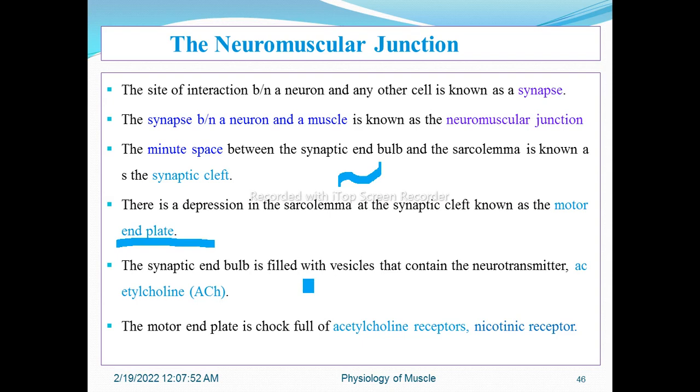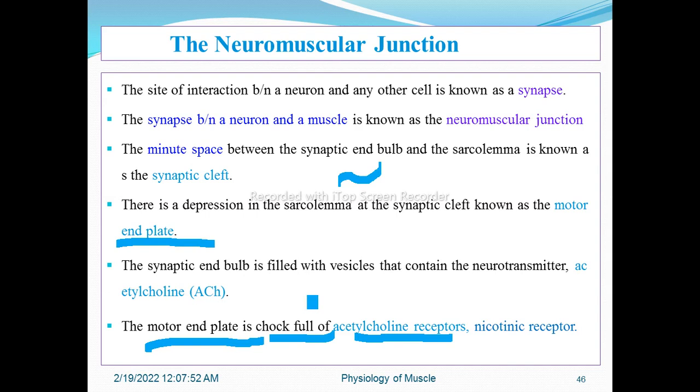Acetylcholine is the neurotransmitter of muscle, so it is very important. The motor end plate is chock full of acetylcholine receptors. It is a depression on the sarcolemma of the muscle.